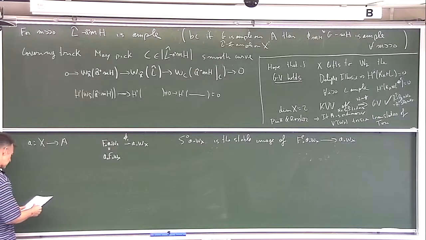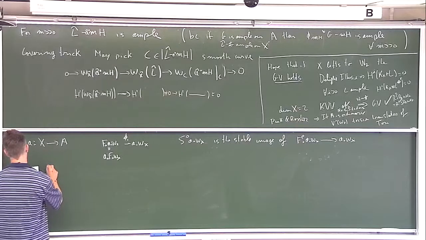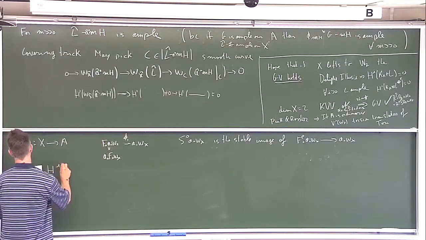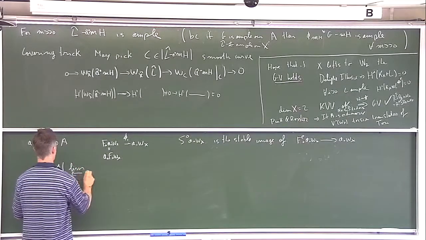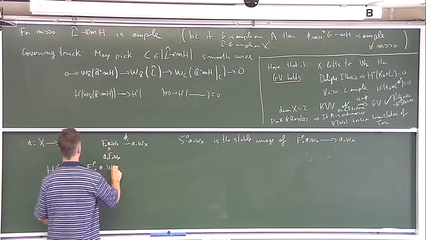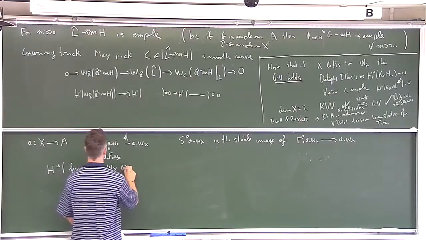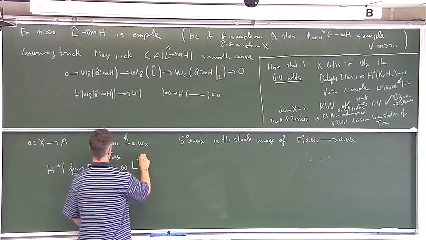So now I want to do one computation. I want to compute H^i of the inverse limit of F^e_* of omega_X twisted by some ample line bundle.